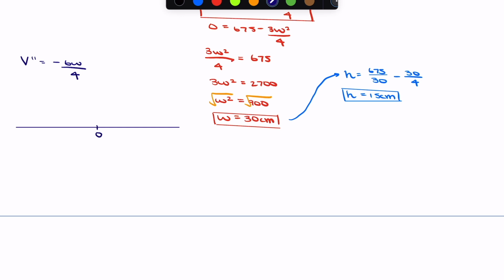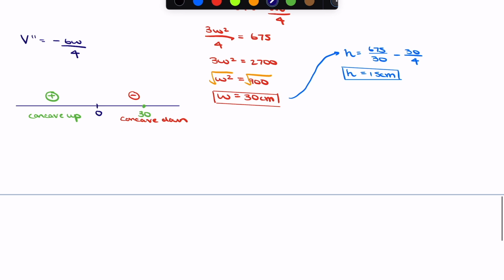Then we have this value of 30. And so here we see that if it's something that's less than 30, we get a positive value, which means that it is concave up. And then here, if we get our value that's greater than 30, we get a negative value, which means that it's concave down. Again, that gives us our maximum volume.